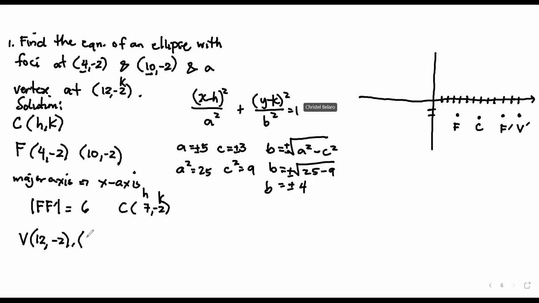And 7 minus 5 will have 2, and k is retained. That's the vertices: 12, negative 2 and 2, negative 2.